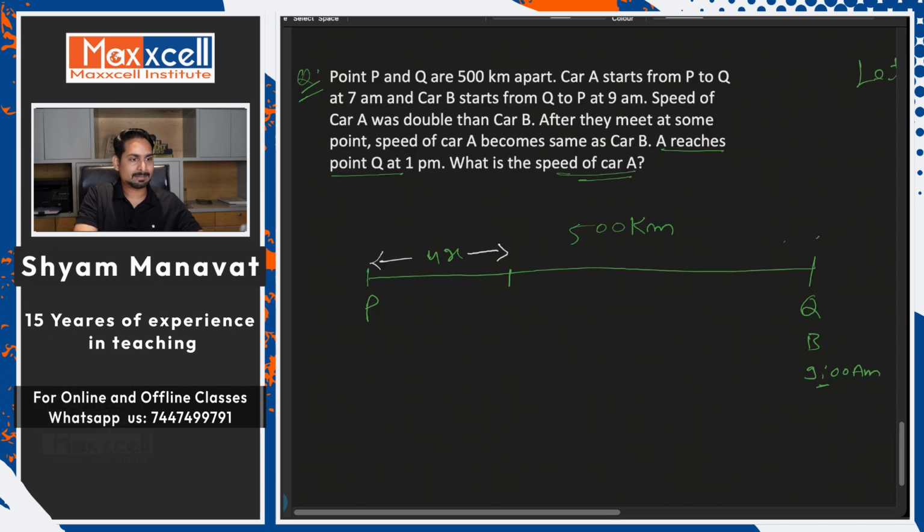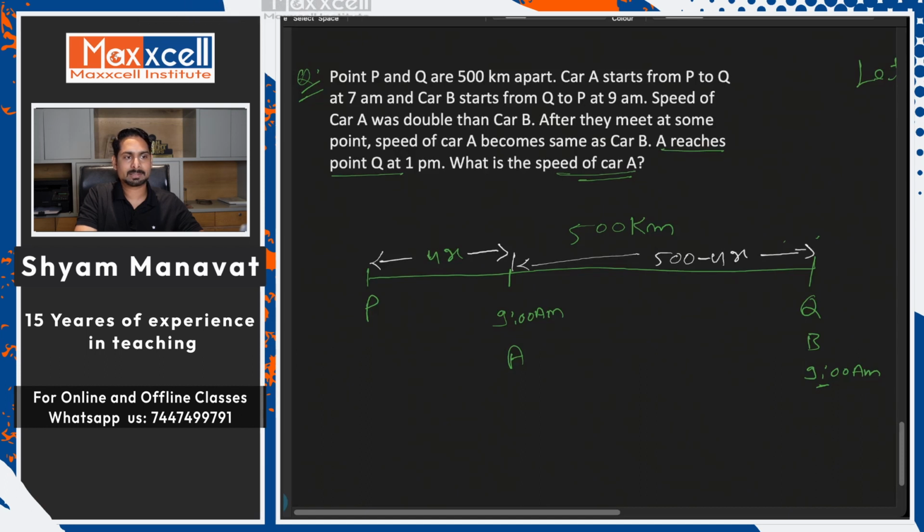Now at 9 am, car A is here, car B is here, and the remaining distance from this point, I will say, is 500 minus 4x.